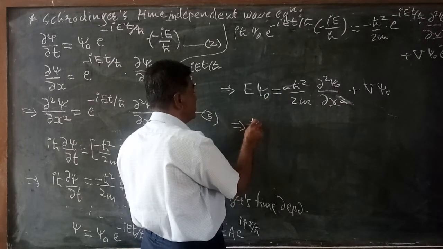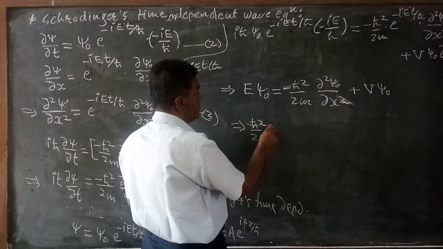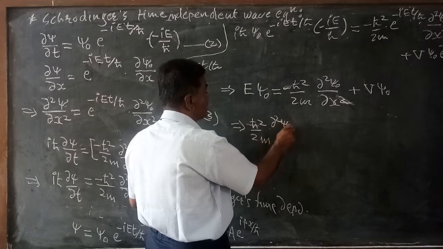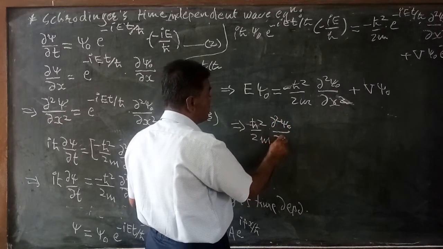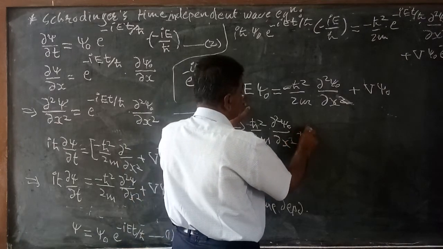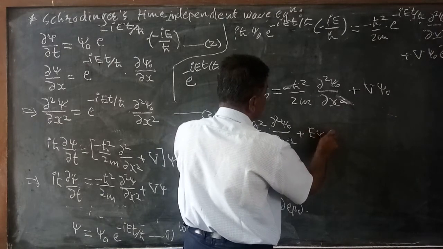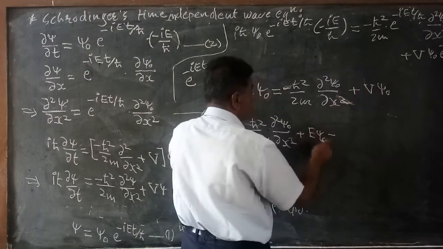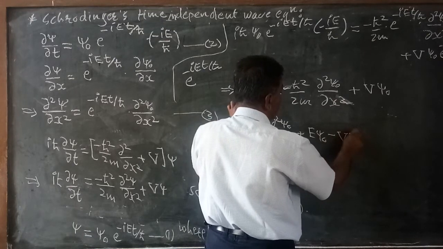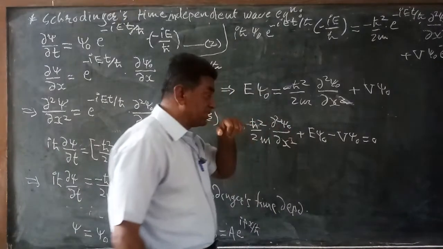So we are getting here h cross square divided by twice m into d square psi 0 divided by dx square plus e psi as it is, e psi 0 plus phi psi here becomes minus. So minus phi psi 0 is equal to 0. So we are getting an equation like this.